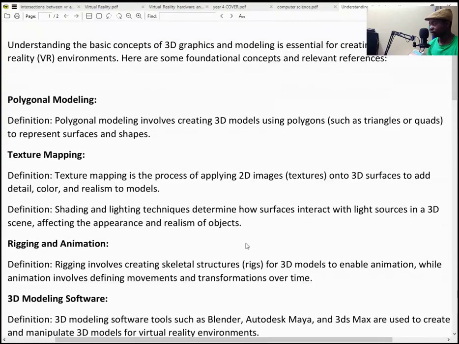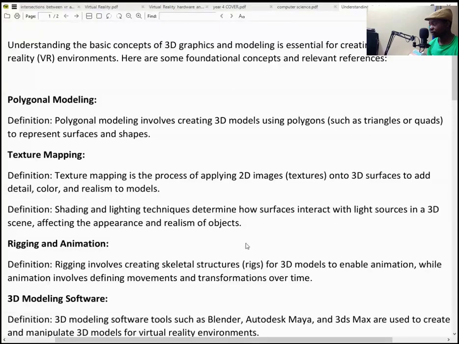Now, when we are talking of rigging and animation, there are three things we need to have in mind. A character built out of rigs must have what we call a skeleton, which is the fundamental structure behind any character in virtual reality.